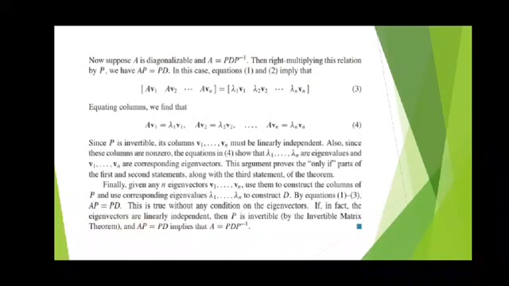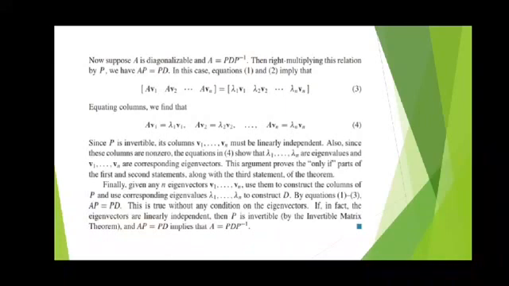Why? Because we know that Ax is equal to lambda x, where lambda is the eigenvalue and x is the eigenvector. In the same way, we have AV1 equal to lambda 1 V1, and similarly AVn equal to lambda n Vn.